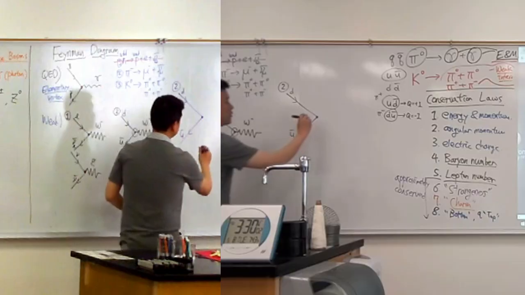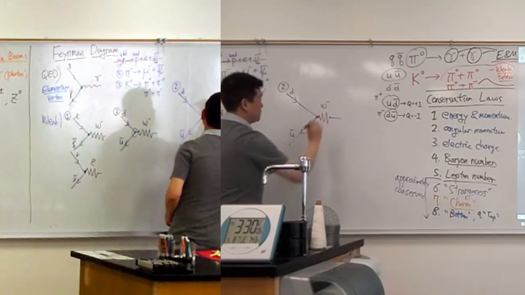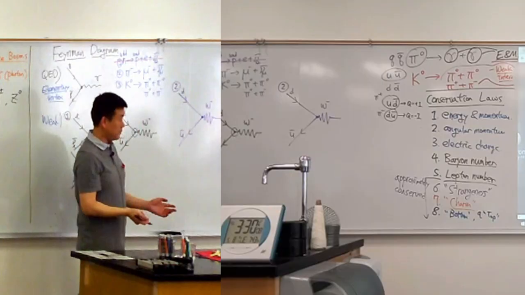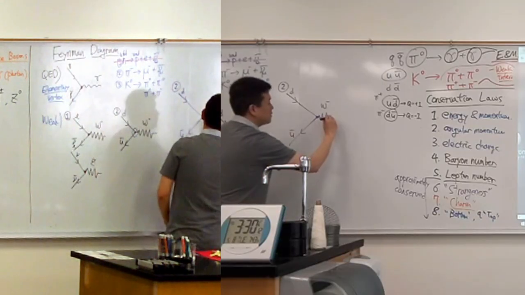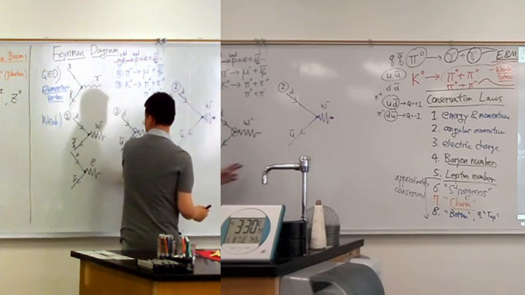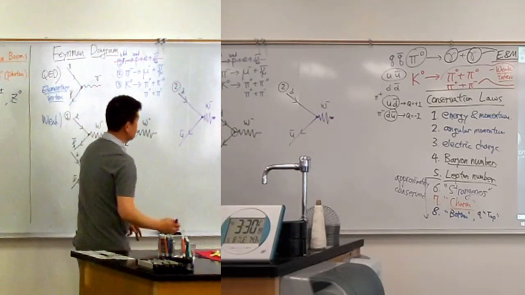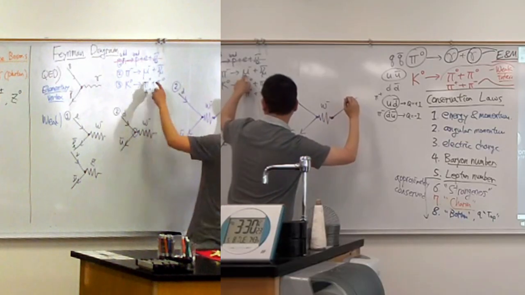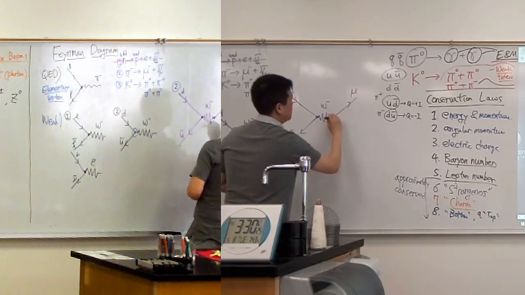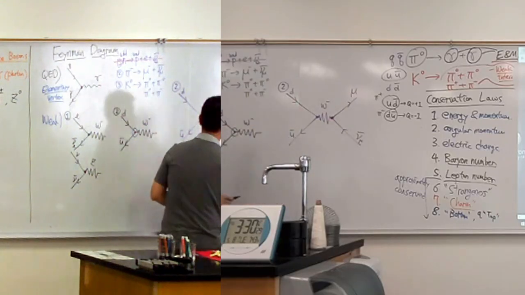So this would turn into a W boson. Once again, a virtual W boson, because the pion doesn't have enough energy to produce the real W boson. And this virtual W boson decays into a lepton and neutrino. So it decays into, I guess according to this, a muon and a muon antineutrino.